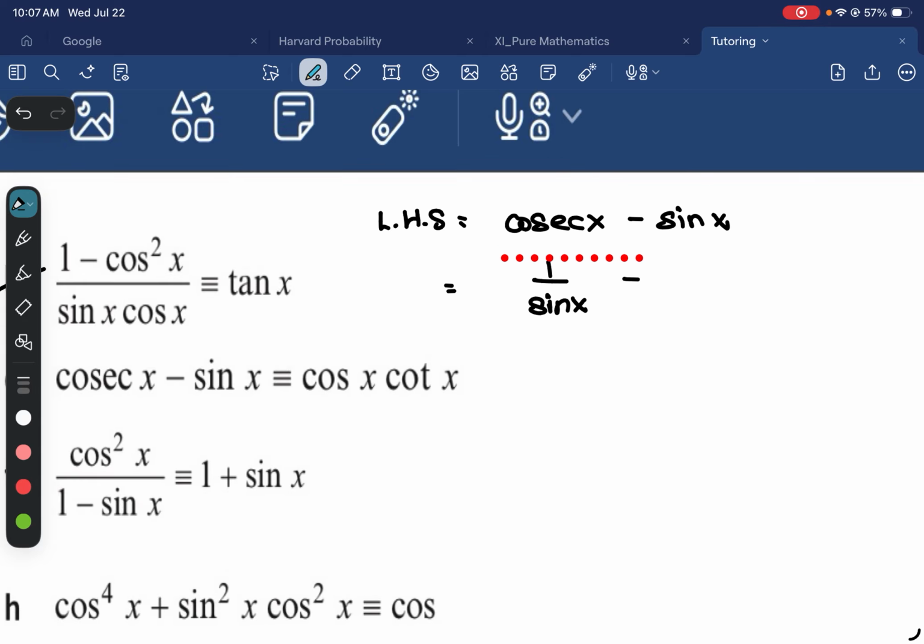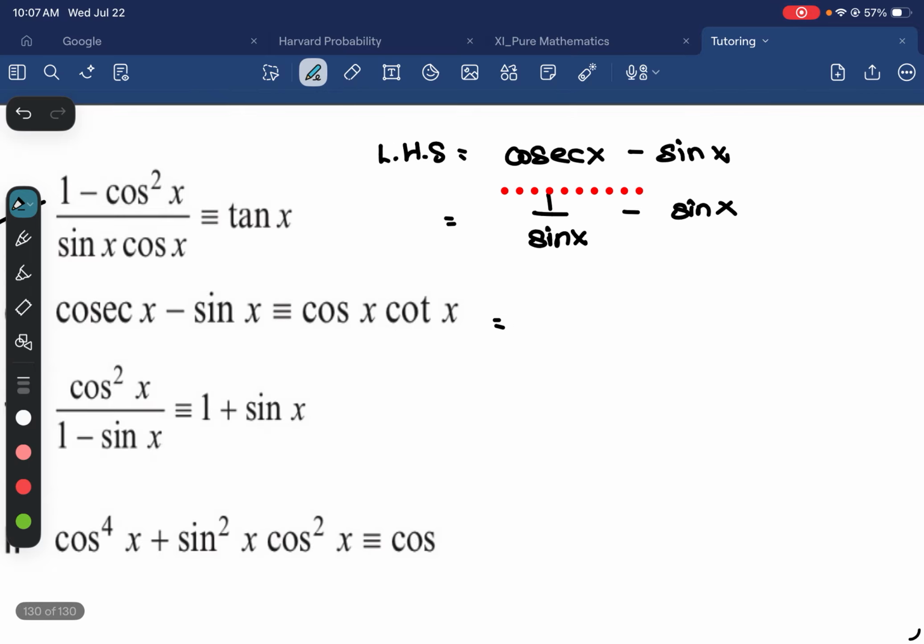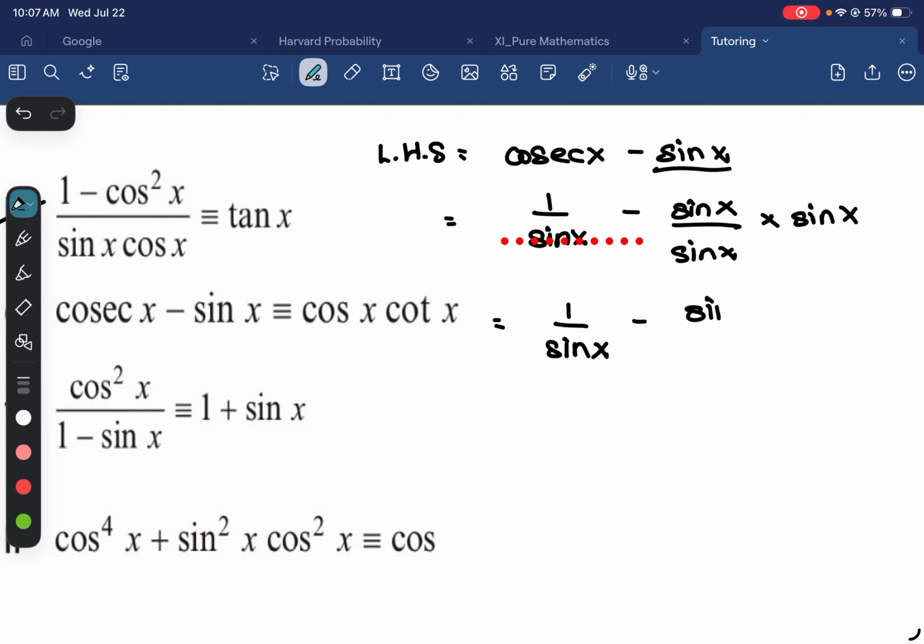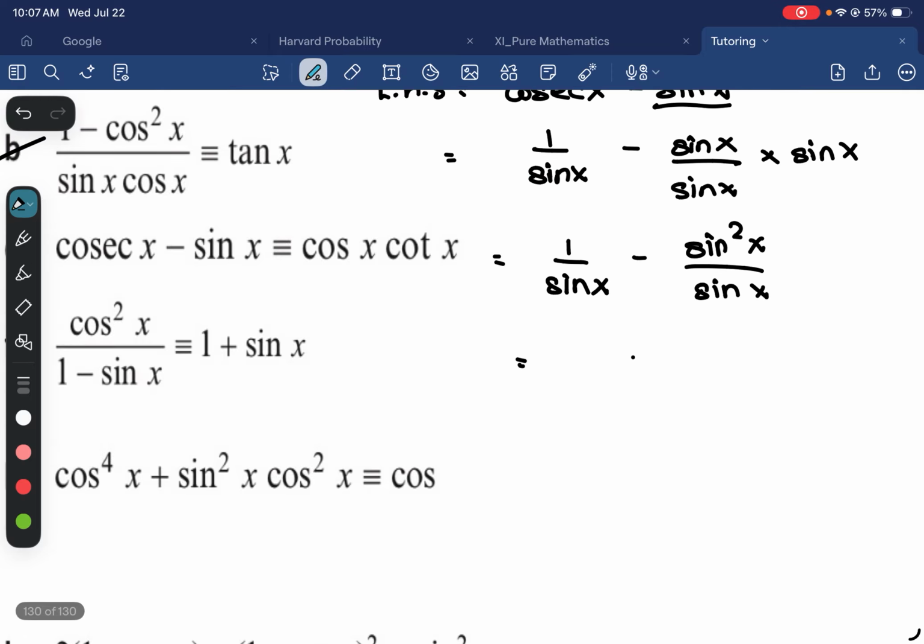1 over sine x minus sine x. All right, so now let's write this with a common denominator. 1 over sine x, I'll keep as it is. And I will multiply and divide by sine x here. Note that sine x and sine x will cancel out, leaving me with only this sine x. So I'll get sine squared x divided by sine x. And now I can write this in terms of a common denominator, like this.